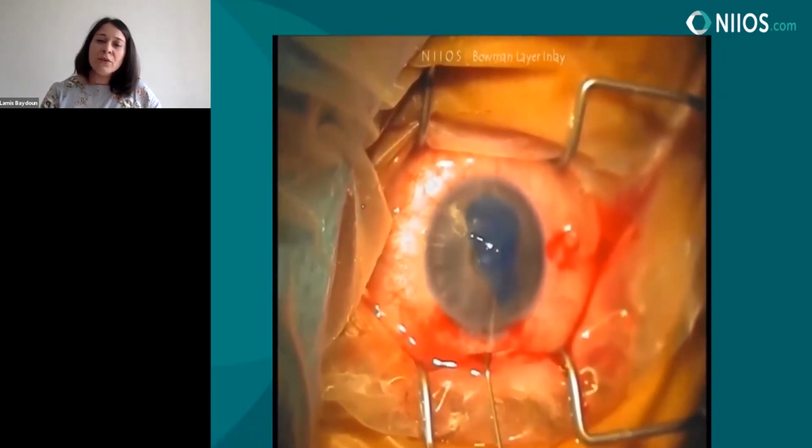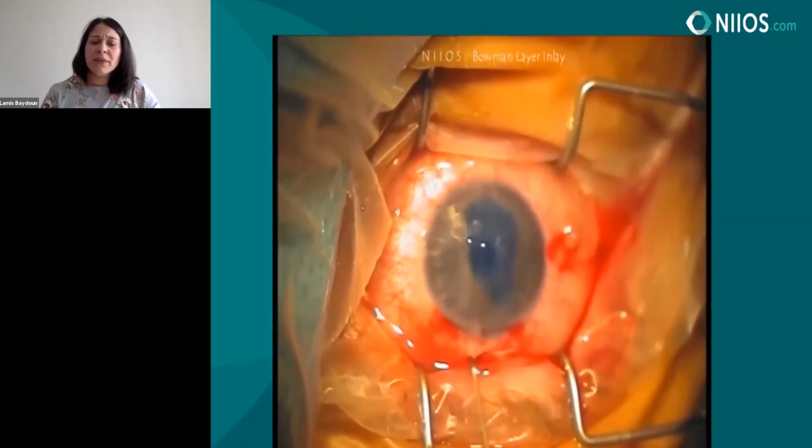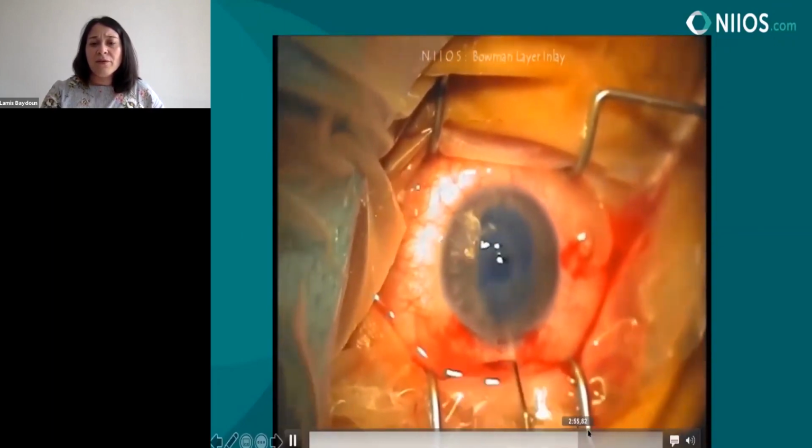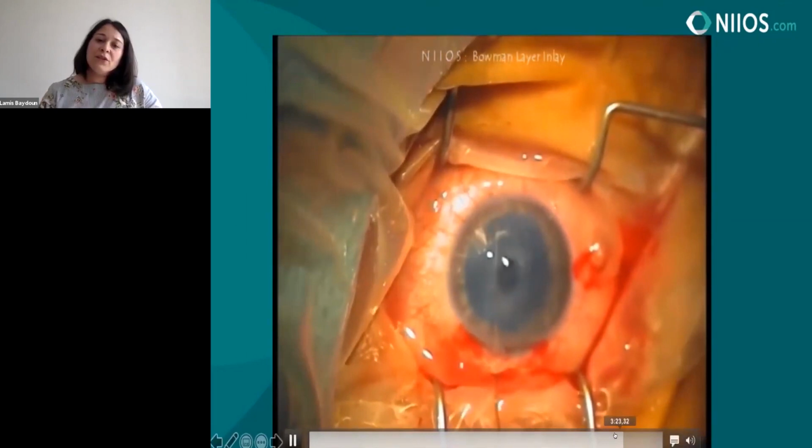You always monitor the air bubble in your anterior chamber. These are young patients that are phakic, so you want to make sure you don't damage anything. And in the end, you have this situation.